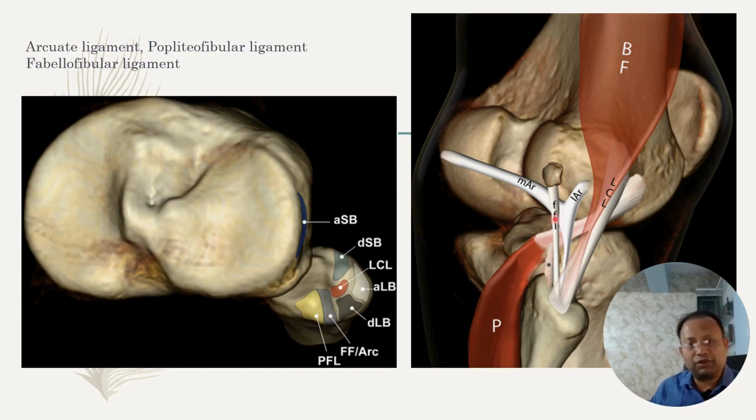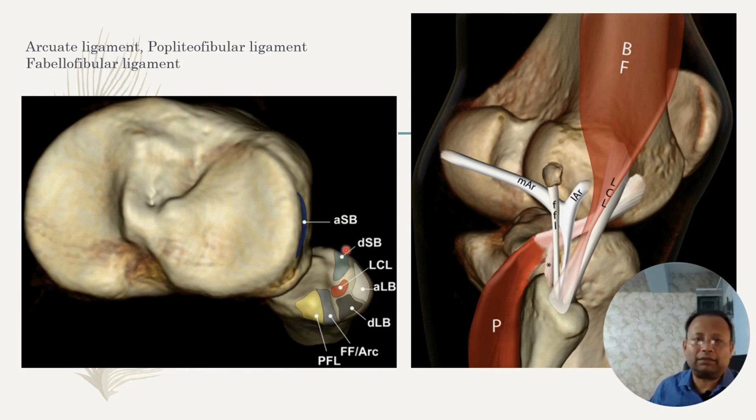If we see from above, you can see that the lateral collateral ligament is this red one. This red structure is the lateral collateral ligament. Anterior to that is the short head of biceps. SB means short head of biceps. Of course, there are also anterior and deep fibers, but we are okay.